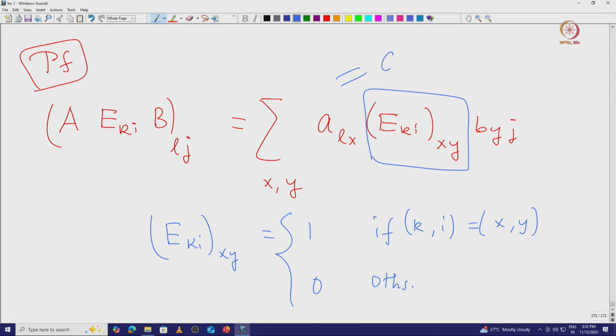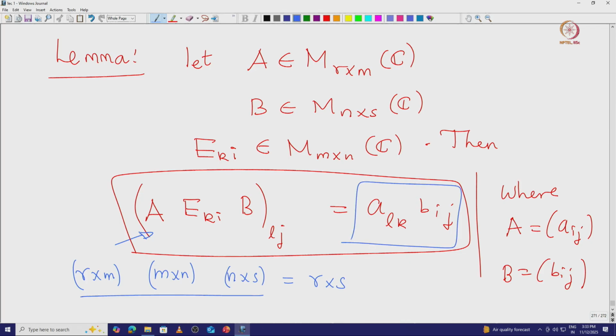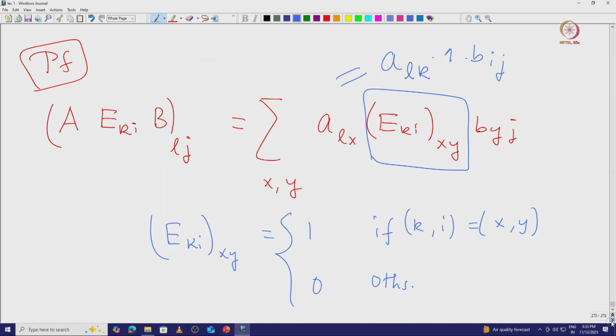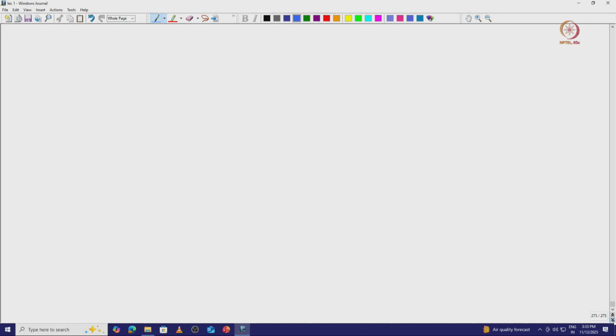This is exactly A_lk, times 1, times B_ij. So, this is what we wanted to prove. It just follows from matrix multiplication. So, the (l, j)th entry of A E_ki B is exactly given by A_lk B_ij.